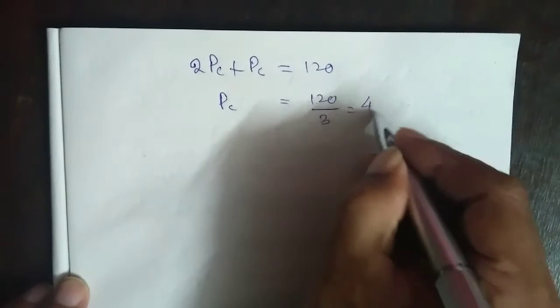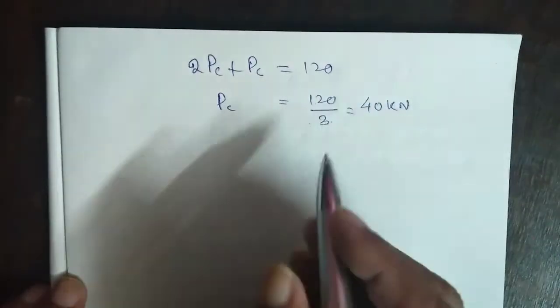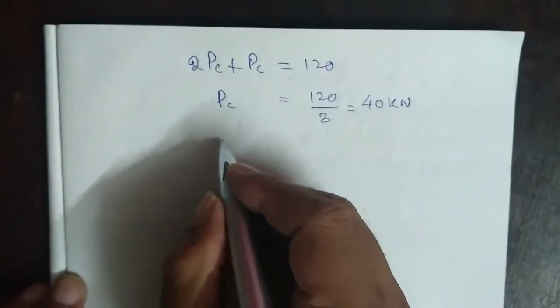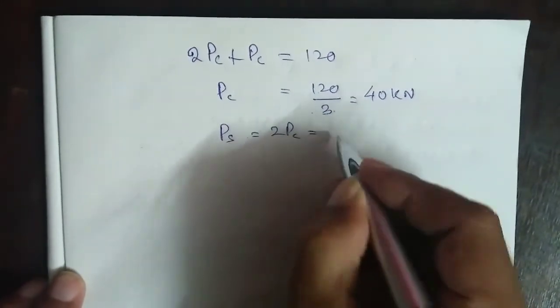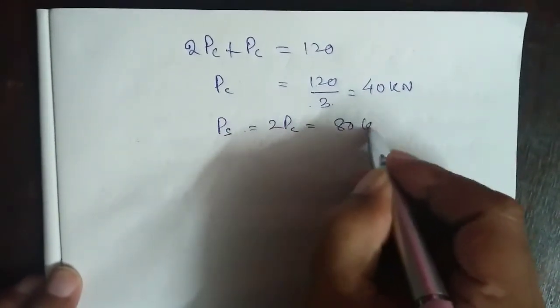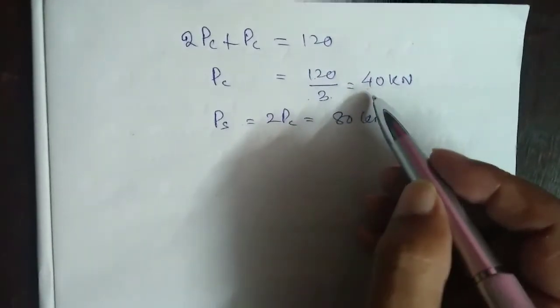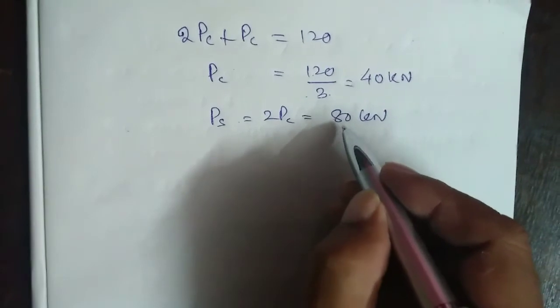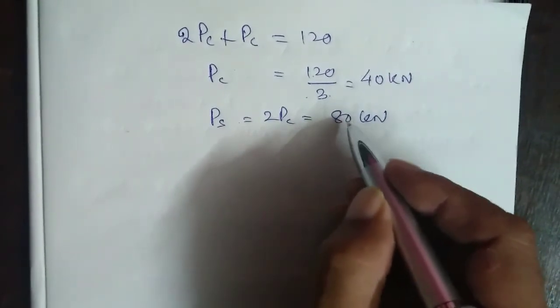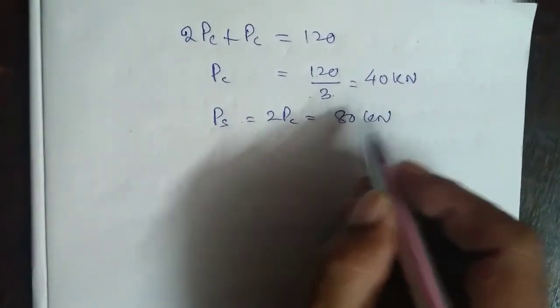So it is 40 kilonewton. This comes out to be the load on copper. So load on steel will be twice PC, so it is 80 kilonewton. Okay. The total load was 120. Copper takes 40, steel takes 80. Combined, they take the total load of 120.